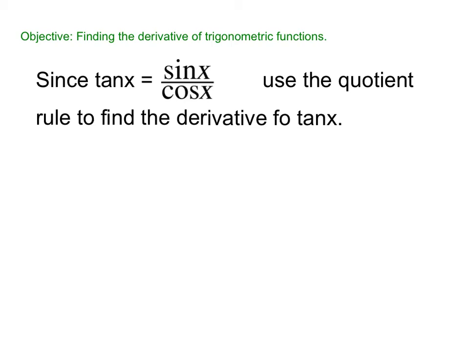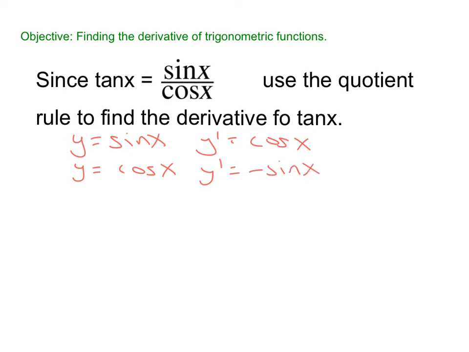Okay, so we know that the derivative of sine is cosine and the derivative of cosine is negative sine. So if y equals sine, y prime is cosine, and if y is cosine, y prime is negative sine. Now use the quotient rule and see if you can figure out what the derivative of tangent is.